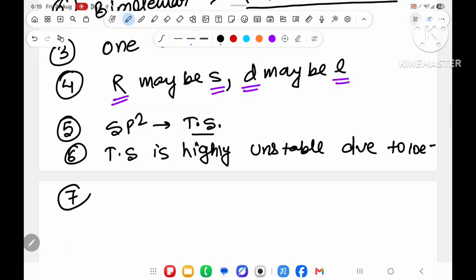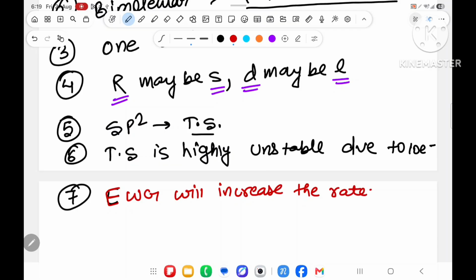And the seventh important point, that is a very, very, very important point: electron withdrawing group will increase the rate. It means if they ask which one of the following will do SN2 very fastly, you will have to check first electron withdrawing group, second 1 degree, third 2 degree, fourth 3 degree.